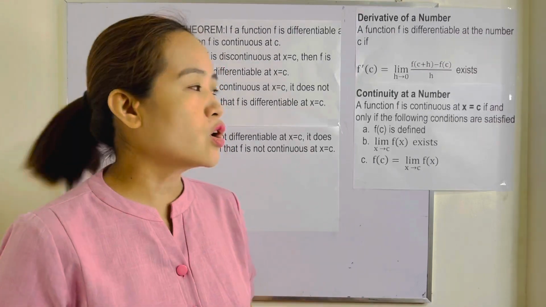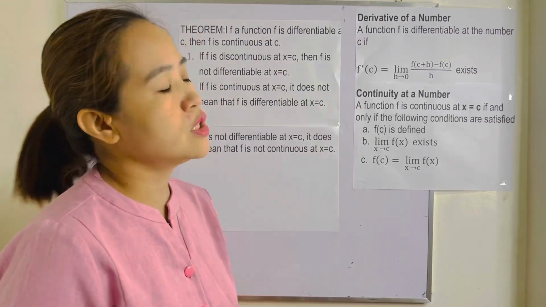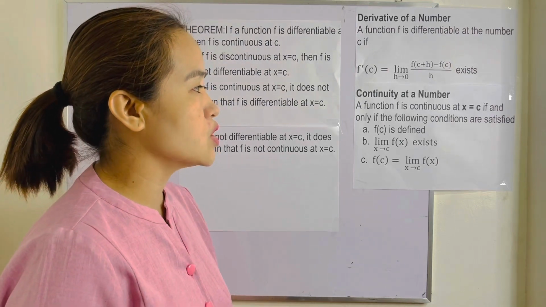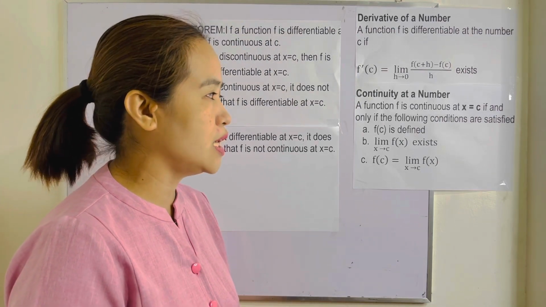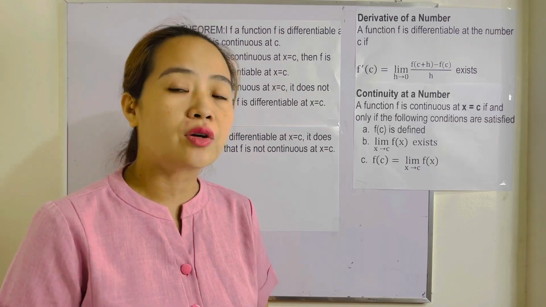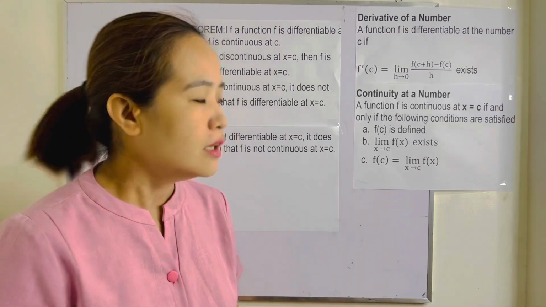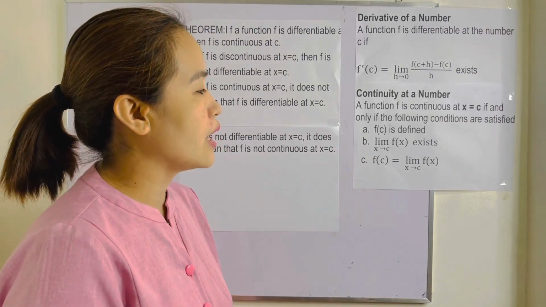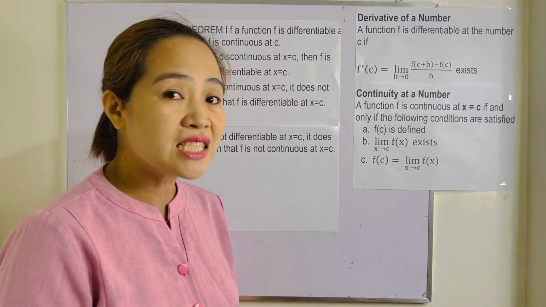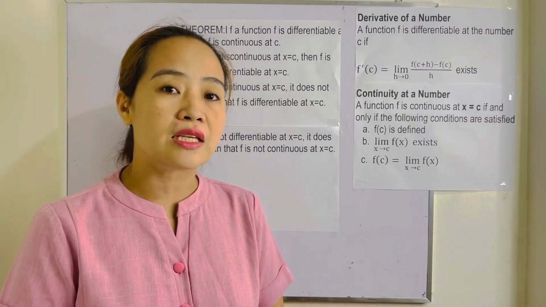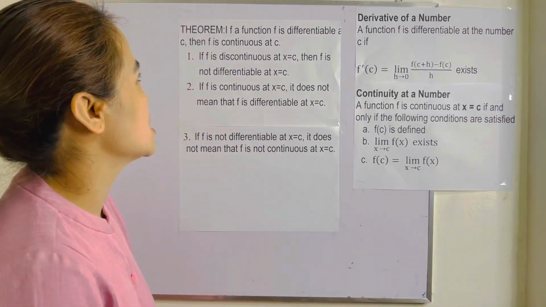For the definition of continuity, a function f is continuous at x equal to c if and only if the following conditions are satisfied. A. f of c is defined. B. The limit of f of x as x approaches c exists. And C. f of c is equal to the limit of f of x as x approaches c.